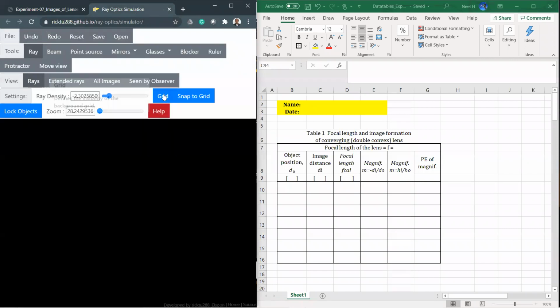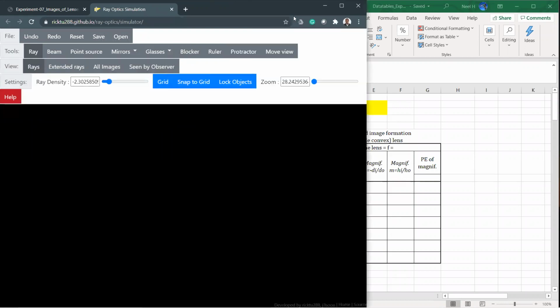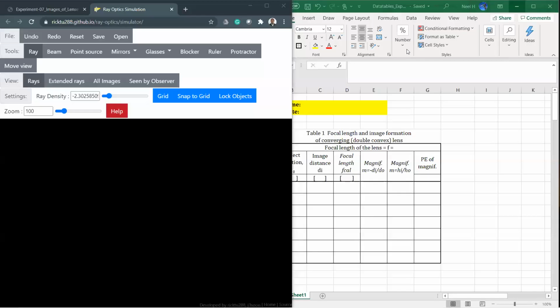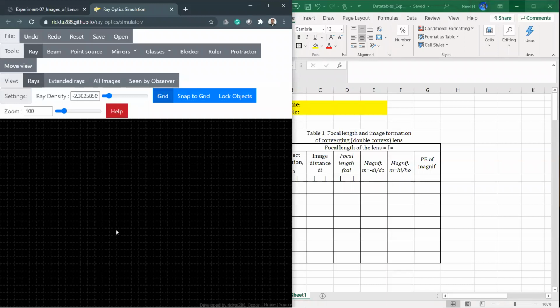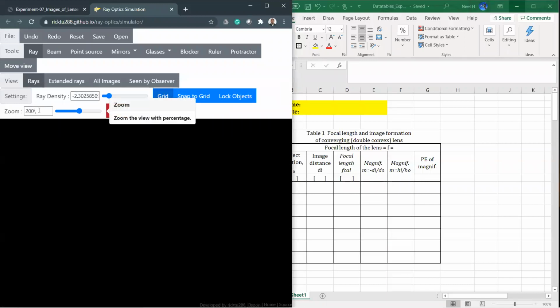So the first thing is that you can see different options: file, tools, views, and the settings. On settings, just click on the grid. When you click on the grid, the grid will appear, and then zoom in to 200 level.